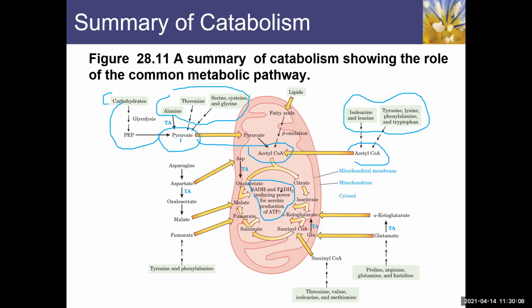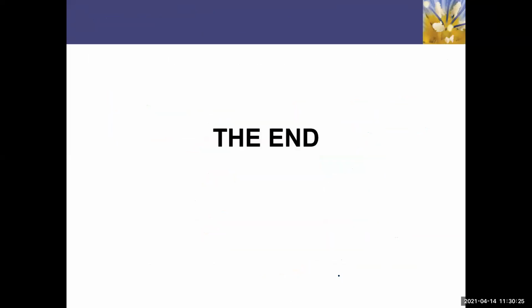This diagram is a collaboration of both the chapters, the previous chapter as well as this chapter, and it's again showing you how the other amino acids can also join the various intermediates of the TCA cycle. With that, we finish the syllabus.